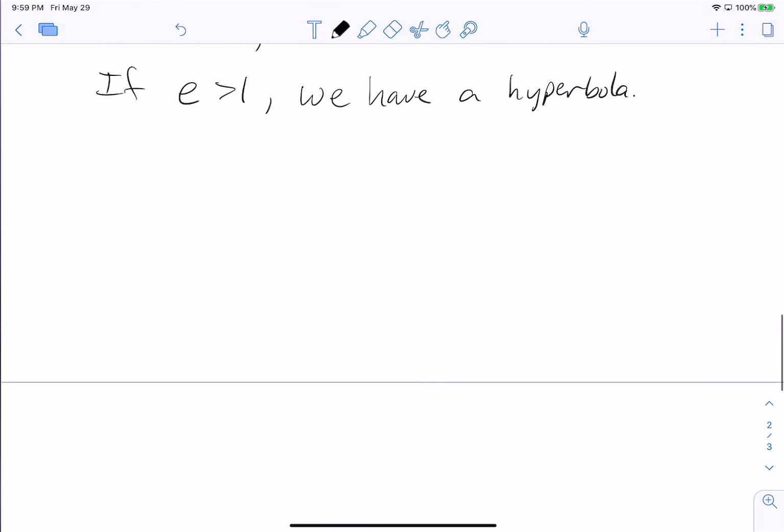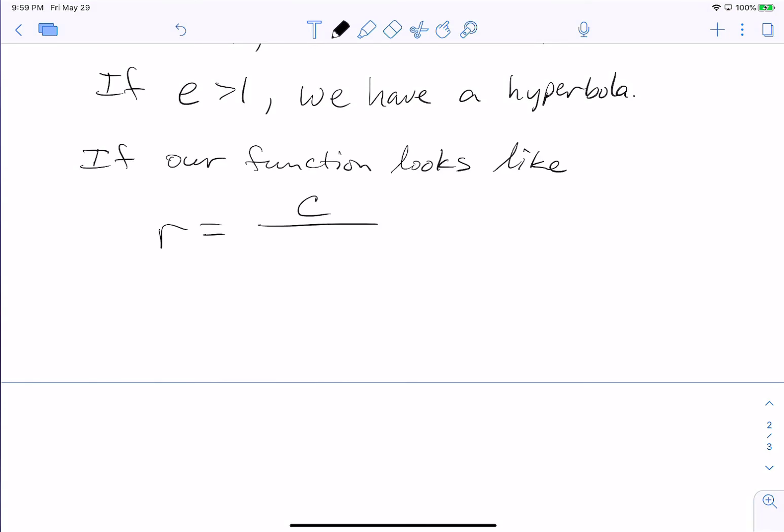So here's what some of our work is going to look like. If we have a function that looks like r equals c over a plus or minus b times the sine of theta or cosine of theta, then the first thing we need to do is take the first term in the denominator, which I've written as a, and make it 1.